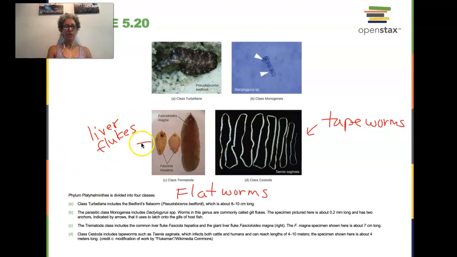I remember them because they look like little livers and they tend to infect the livers of the animals where they are found. And tapeworms, we mentioned before, can be up to 4 to 10 meters long, so that's 12 to 33 feet. The one in this specimen is 4 meters long, so that's really gigantically huge.